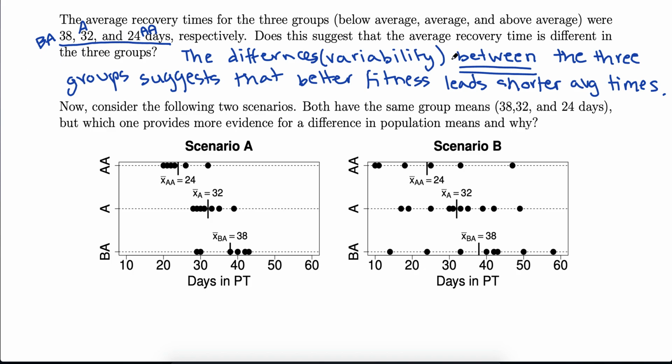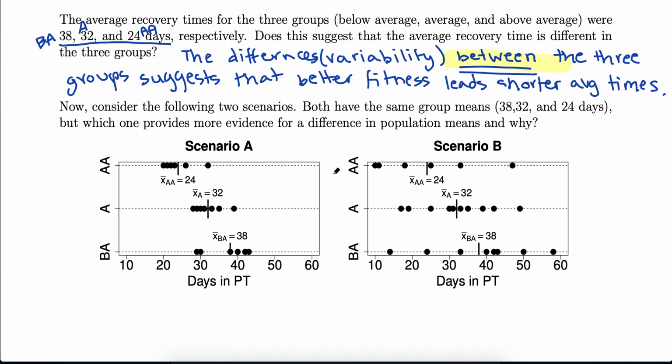And again, I'm going to emphasize this word here, between. That's a key word in ANOVA, the between variability. How much are the differences between my three groups in this example? Now, that's not the only difference we need to focus on. So I've got two different scenarios to highlight that. In these scenarios, you notice we have our below average, average, and above average fitness.